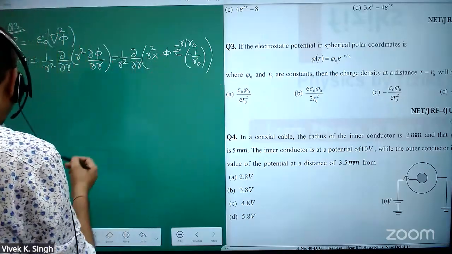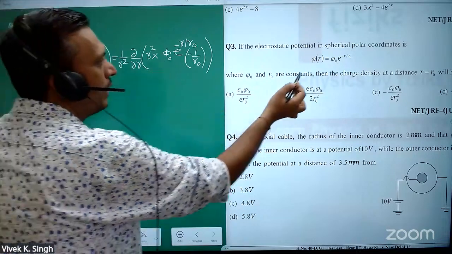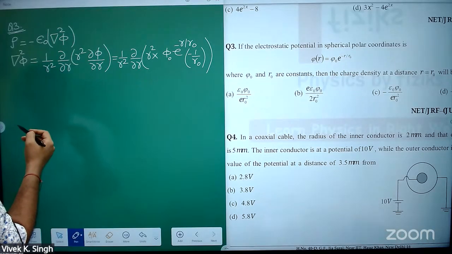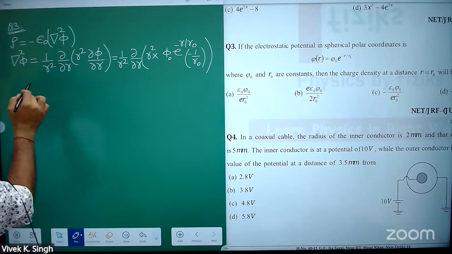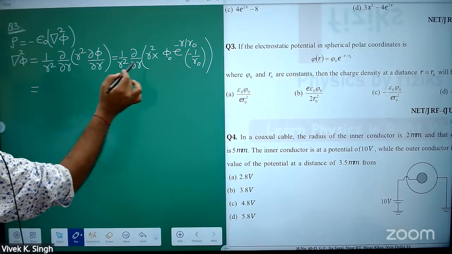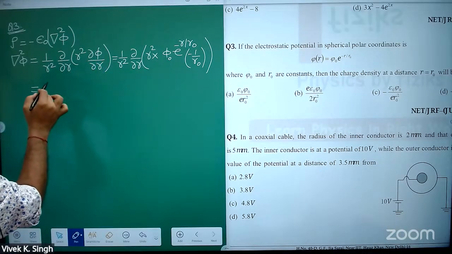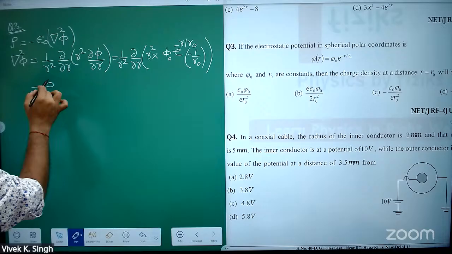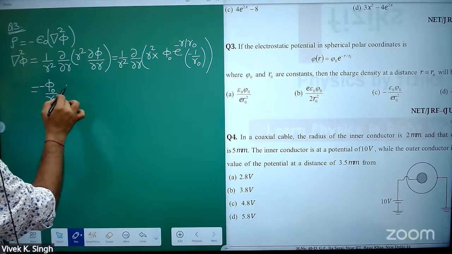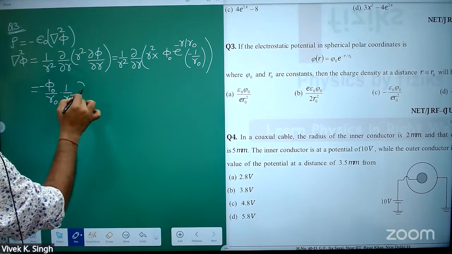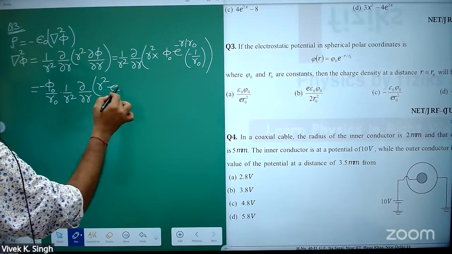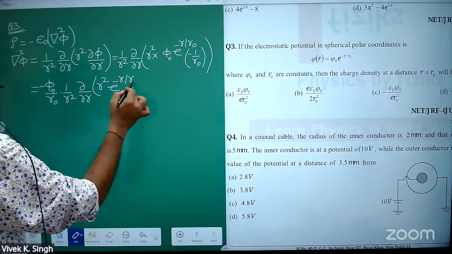Phi naught is constant. Taking minus phi naught by r naught common, you get 1 by r square del by del r of r square exponential minus r by r naught.